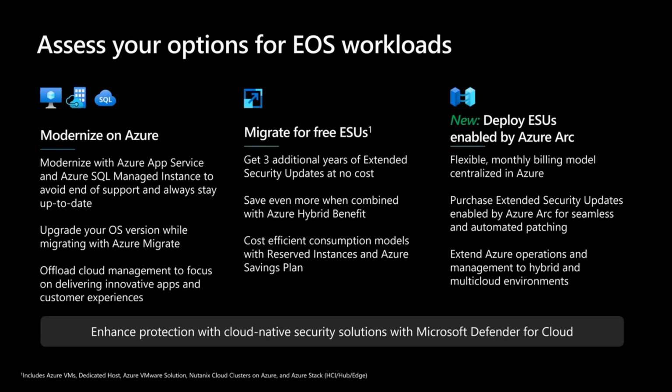And the other option that we spoke about at length last time was the ability to deploy extended security updates through Arc connected machines for the scenarios where you have workloads that really can't move right now. There's no scenario where you could get them to Azure that quickly. They have to stay where they are.